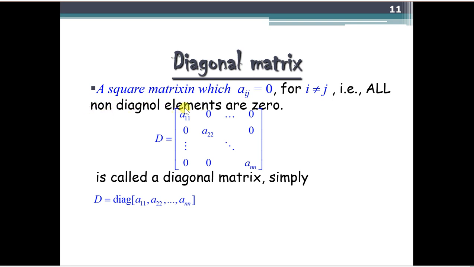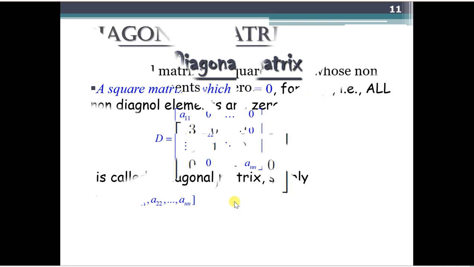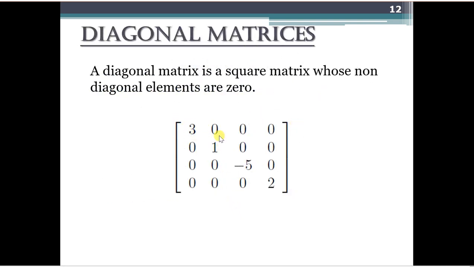A square matrix in which all non-diagonal elements are zero is called a diagonal matrix. Like here we have written a matrix in which only the diagonal elements are non-zero, and all the other elements are zero. So it is an example of a diagonal matrix. It is a square matrix whose non-diagonal elements are zero.